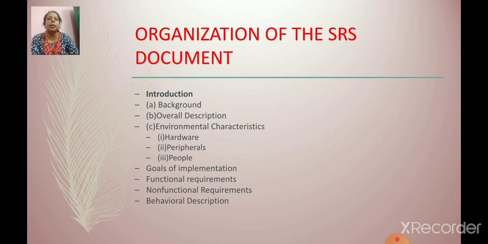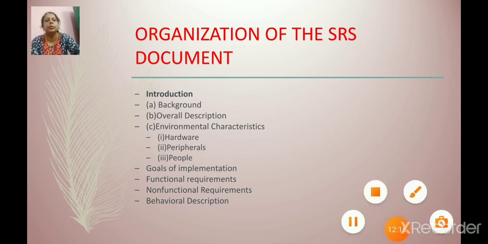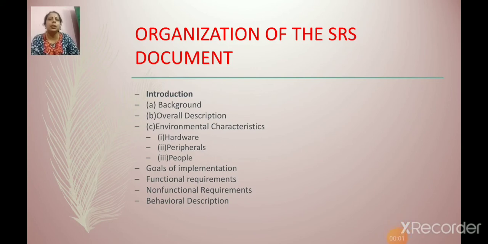In environmental characteristic we have to write hardware, peripheral devices, and people, meaning the type of user. Then goal of implementation, functional requirement, non-functional requirement, and behavioral description.